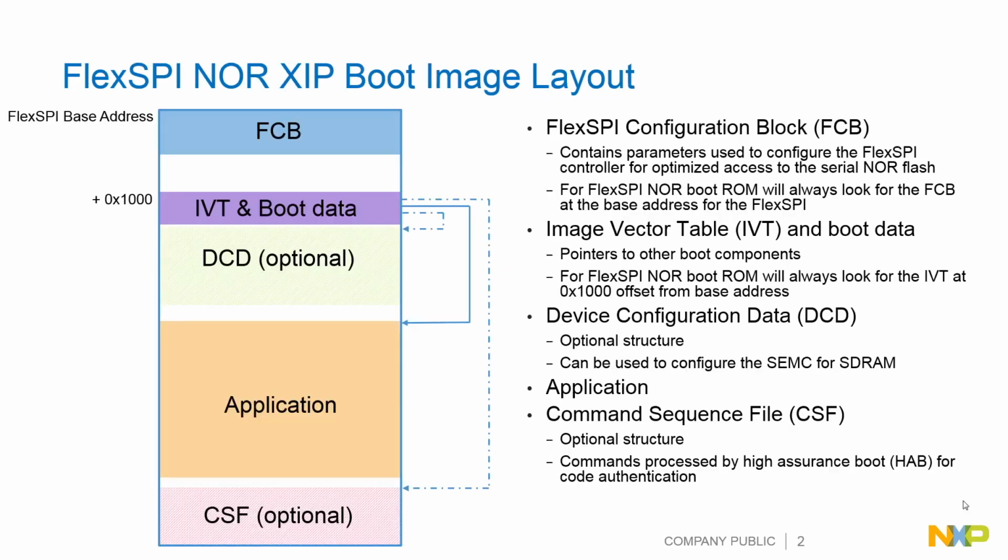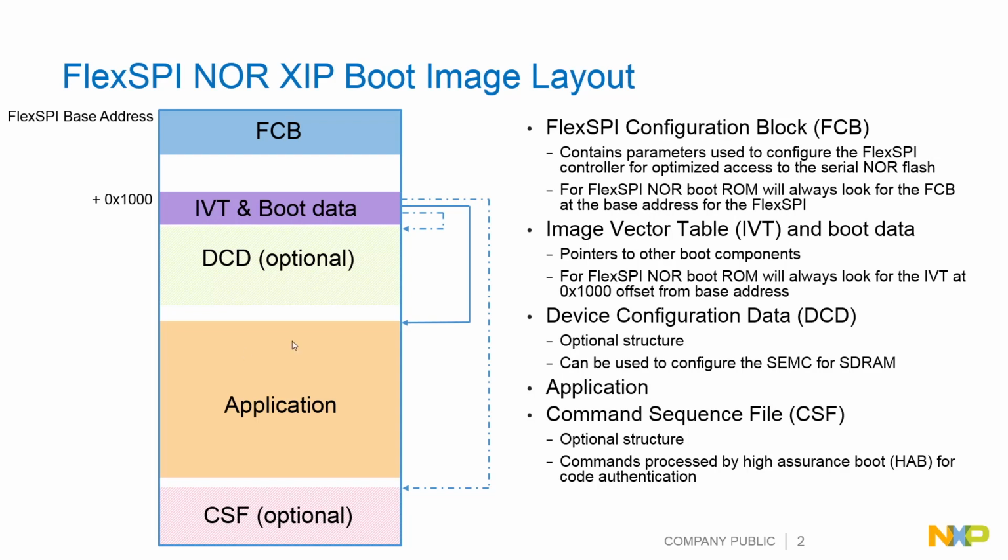The RT ROM requires several different data structures to be included within your application image. At boot time, the ROM will read these data structures and use the information within in order to actually boot your application. This diagram here shows the layout for a FlexSPI NOR XIP boot image.